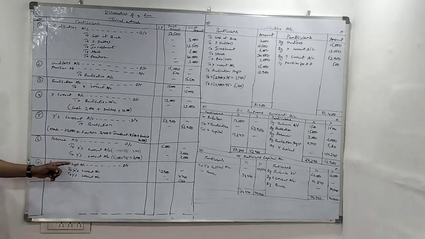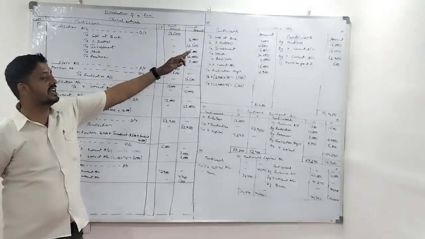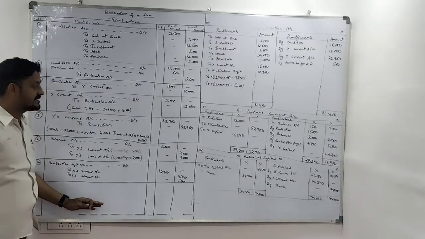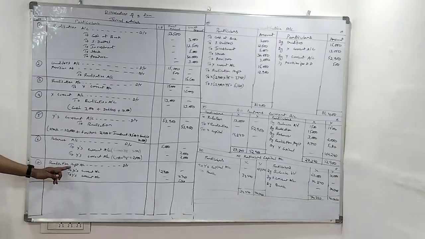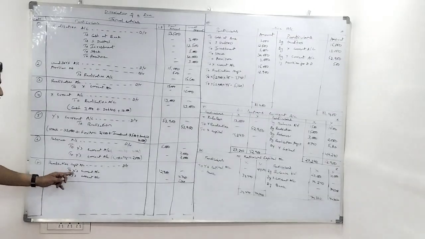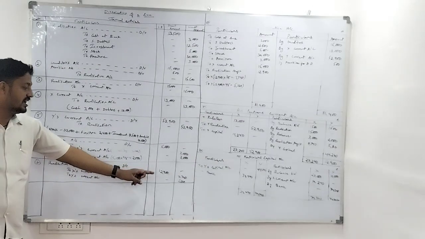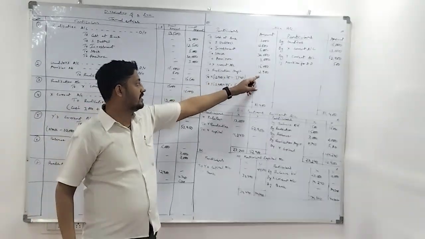Next, realization profit. Actually we cannot write it here, because only after completion of the realization account do we write it. But there is a space problem, so that's the reason I am writing it here. Realization profit to X current account and Y's current account is 12,900.